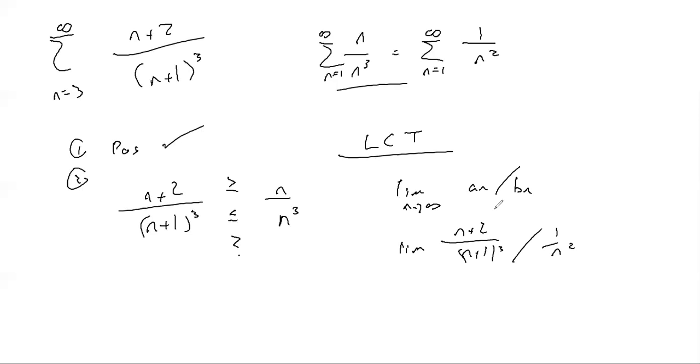Okay, so just rewriting, I want the limit of n plus 2 over n plus 1 cubed, and then I'm dividing by 1 over n squared, which is the same as multiplying by n squared over 1.